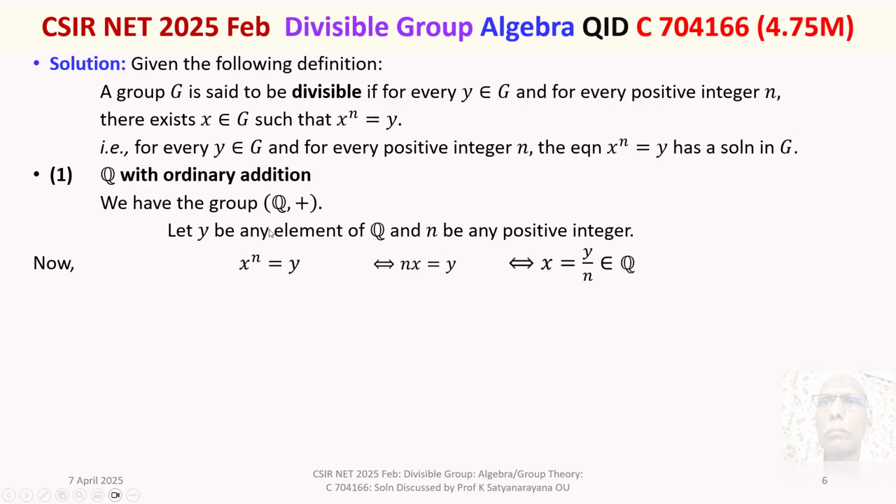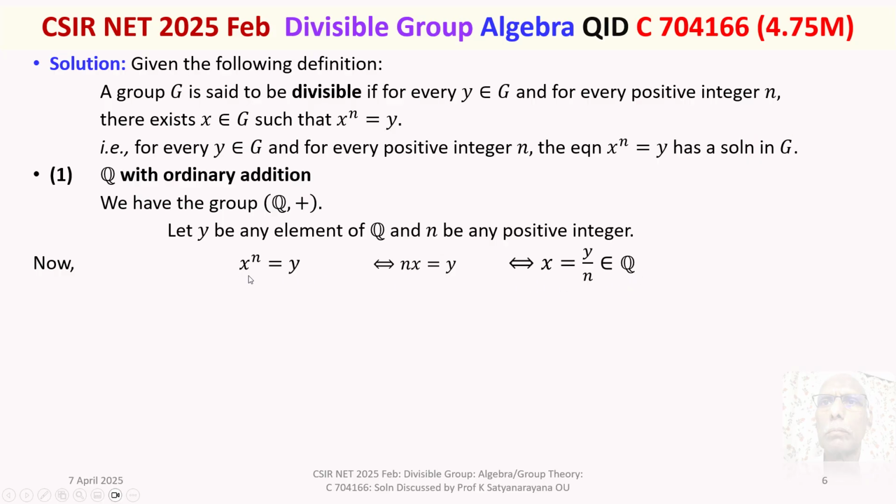Now x power n is equal to y will imply x power n in Q plus means x plus x plus x, n times, that is nx is equal to y. This implies x is equal to y by n. y is a rational number and n is a positive integer, which is again a rational number not equal to 0. The quotient is also a rational number.